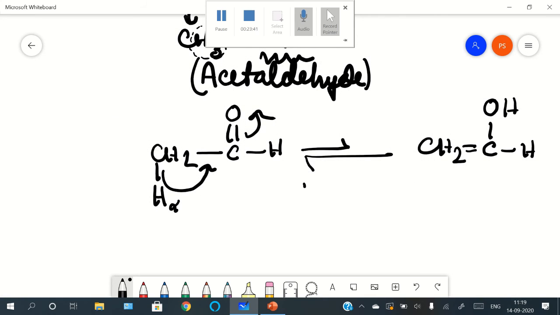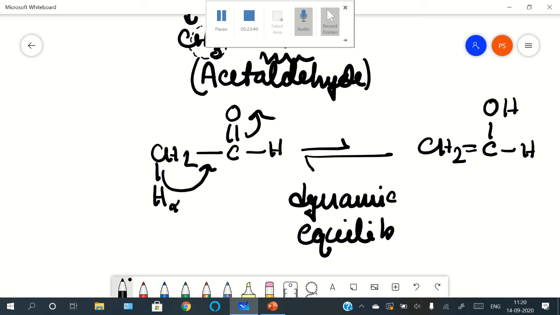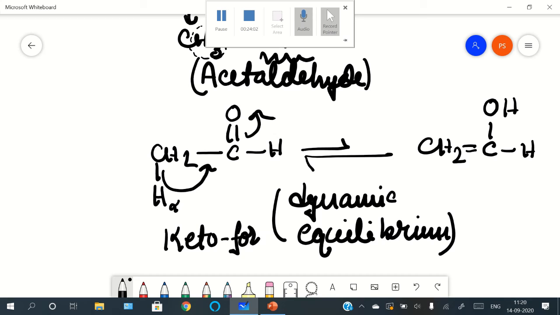Now, a dynamic equilibrium exists between this form on the left, which is known as keto form, and this form on the right, which is known as enol form.